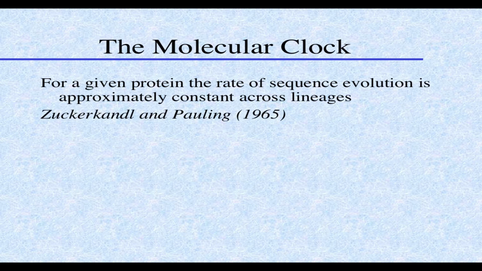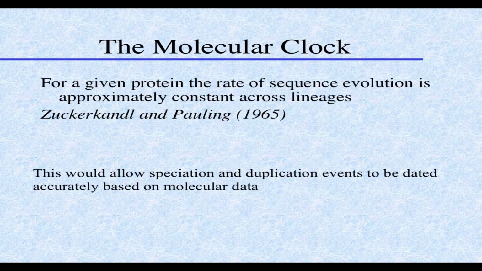So, an interesting thought is this notion of a molecular clock. For a given protein, the rate of sequence evolution is constant over time, which means that the number of differences between the gene in organism A and organism B gives you a measure of how long ago they had a common ancestor.